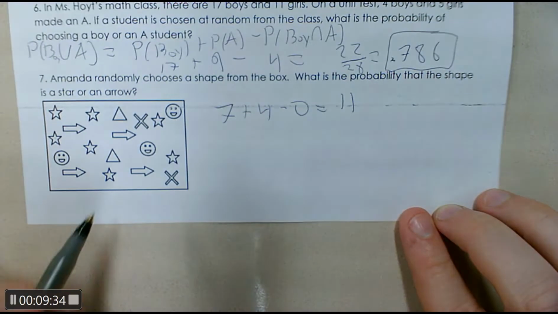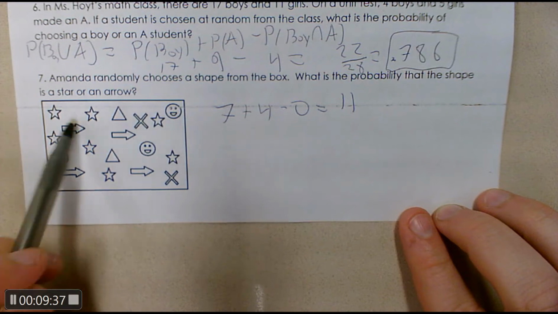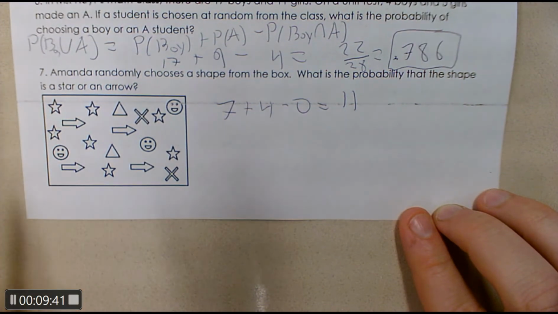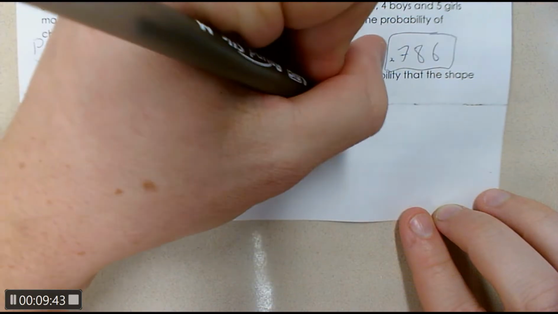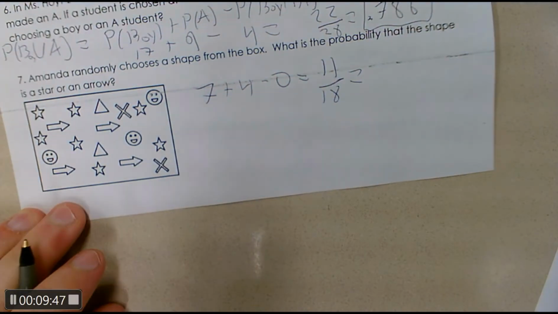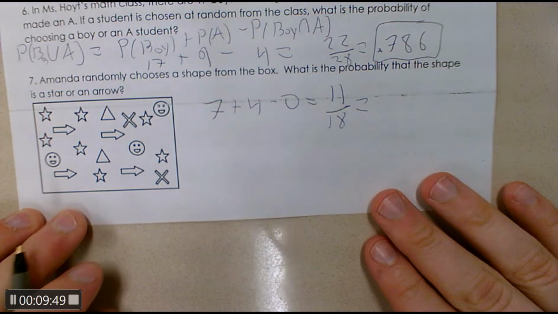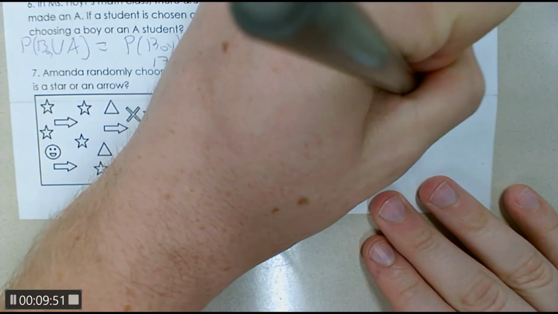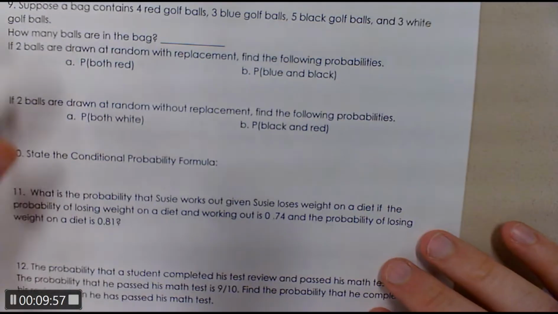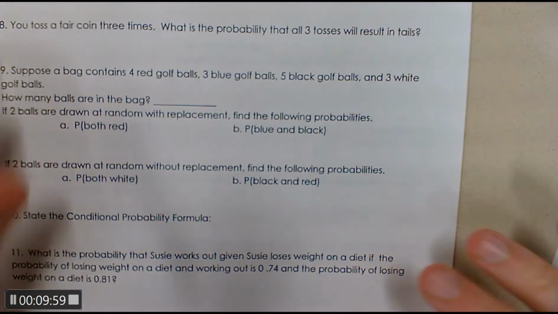Gives us 11 out of a total of 1, 2, 3, 4, 5, 6, 7, 8, 9, 10, 11, 12, 18 shapes. 11 out of 18. 11 divided by 18 is 0.611. That's our answer. Cool. Halfway there.